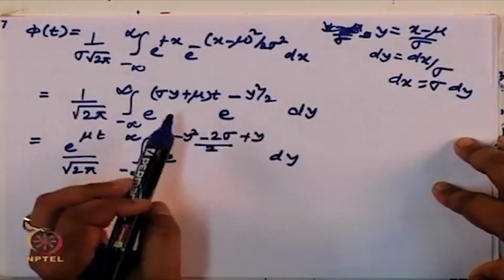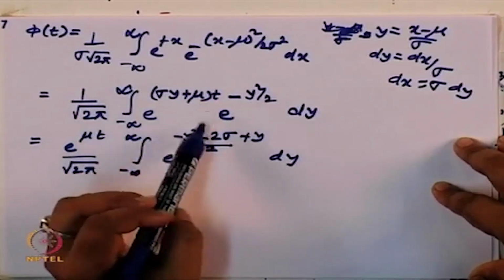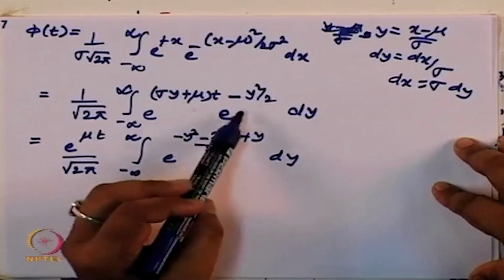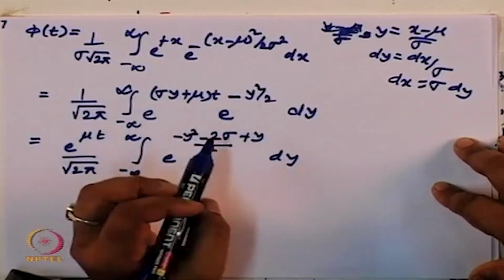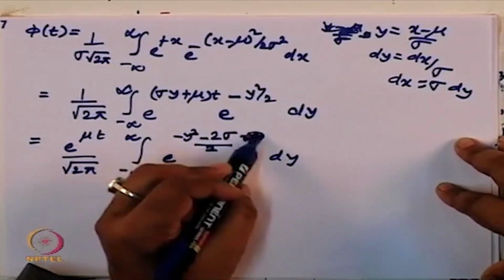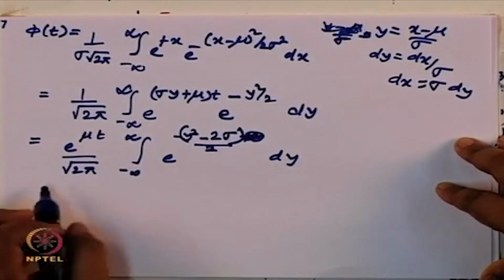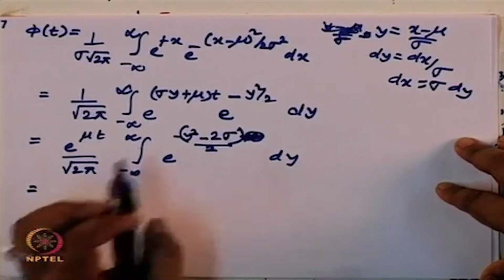So we have minus y square t minus y square by 2 minus 2 sigma. So minus 2 sigma is what you get. So this is plus.